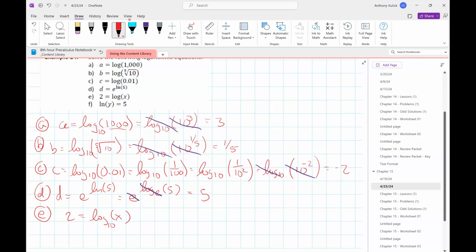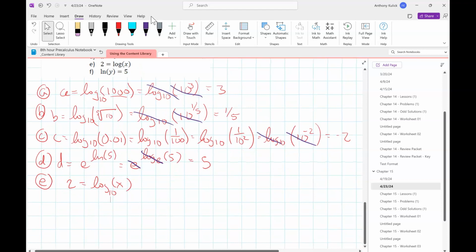Now here I have 2 equals log of x. Again, I see log. I know that means log base 10. So what do I need to do to get the x by itself? How do I cancel that log base 10? What do I have to do to both sides? Not multiplying. Not dividing. Not adding. Not subtracting.